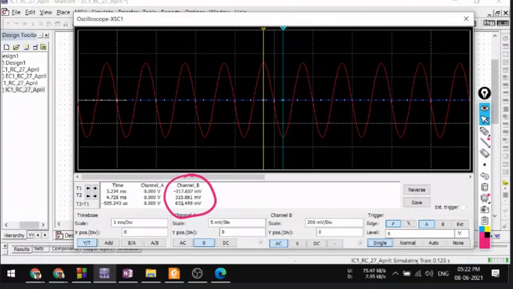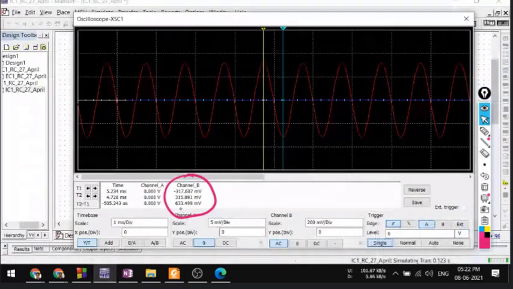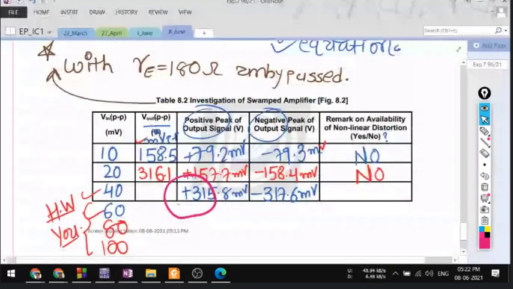Now the positive is plus 315.8 millivolt. And 633.5 is your peak to peak, right?